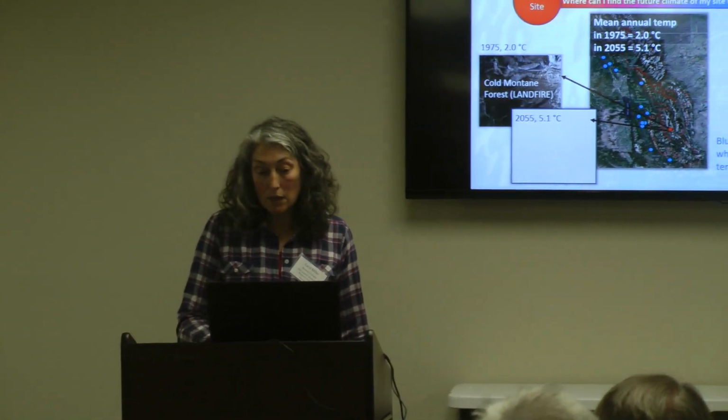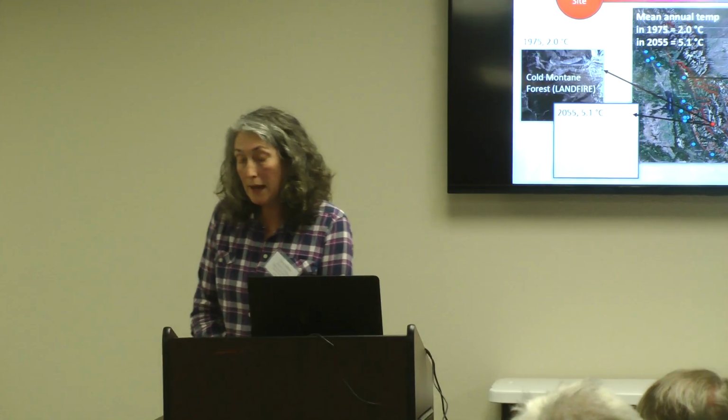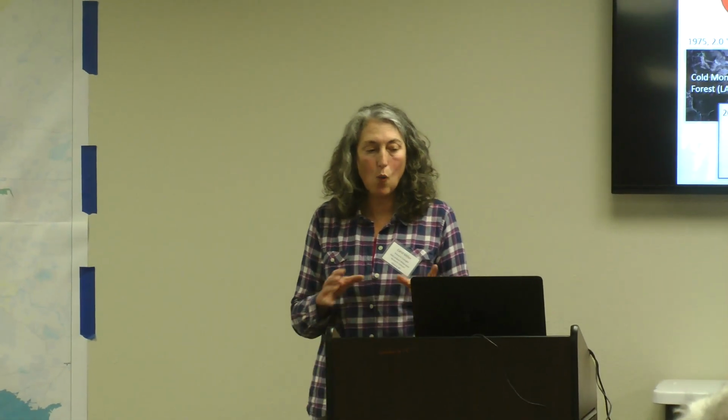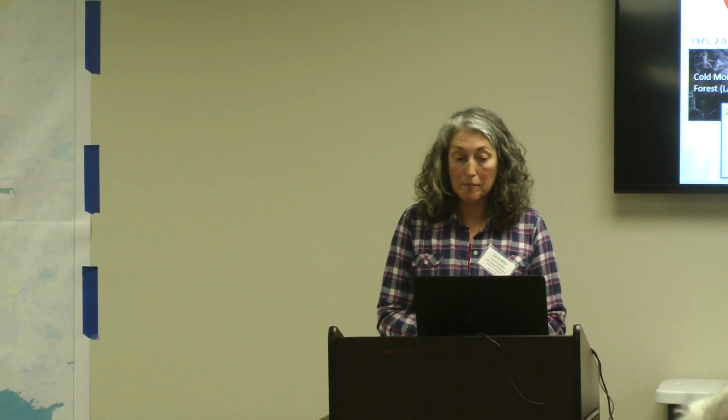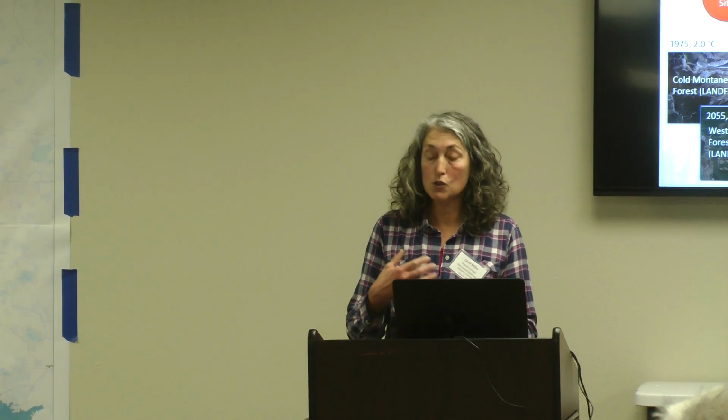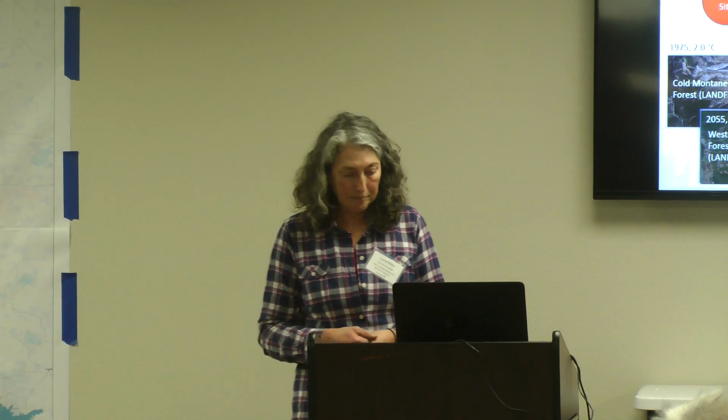But we look at those blue dots and we say, okay, what kind of vegetation is there now? Well, it's western mesic forest. Okay, then we infer that White River Pass is going to transition from cold montane forest to western mesic forest, or at least it has the opportunity to do that.